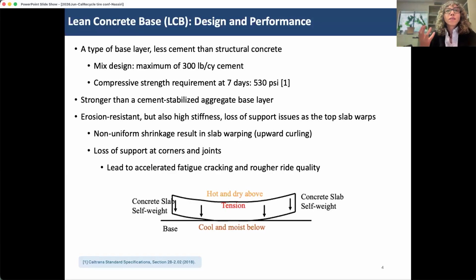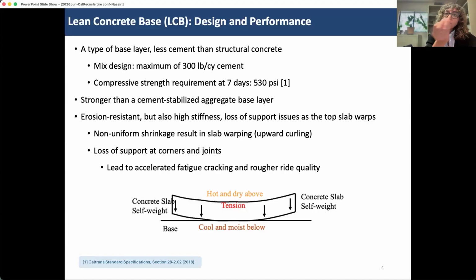Now the problem with that higher stiffness in concrete pavements is this: if you look at this schematic diagram, pavements in general have a significantly larger surface area relative to their volume. They're exposed to the elements at the top, to drying, and to daily temperature changes.